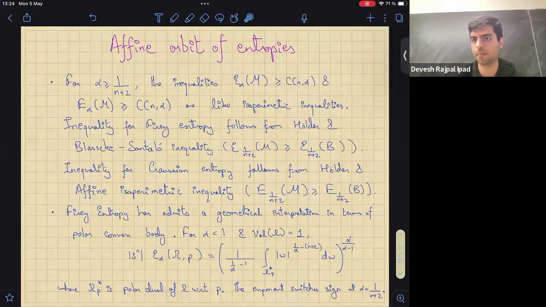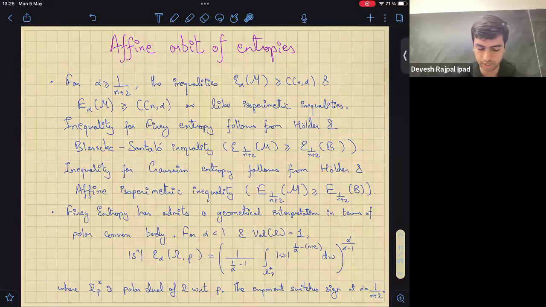Okay, so based on the previous discussion, we can do another trick, which I'll come to, and it's related to the affine orbit of entropies. For alpha bigger than or equal to 1 over n plus 2, these lower bounds of entropies are like isoperimetric inequalities.